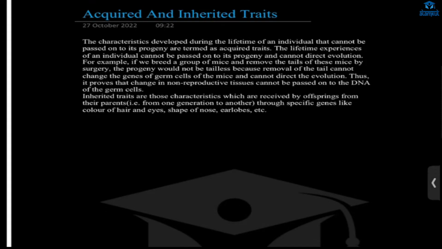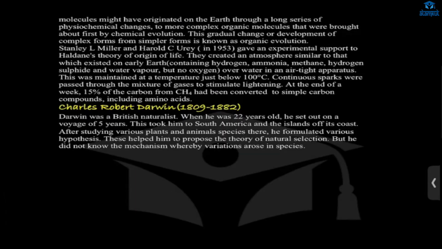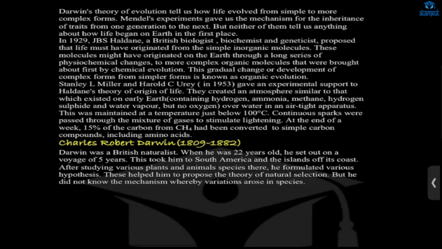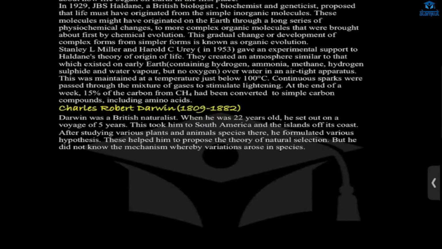Our hair color, eye color, shape of nose or ear lobe, those are inherited traits. Now, origin of life on Earth. Before that we have to learn about Darwin. He was the person who gave the theory of evolution by natural selection, which we have learned previously.